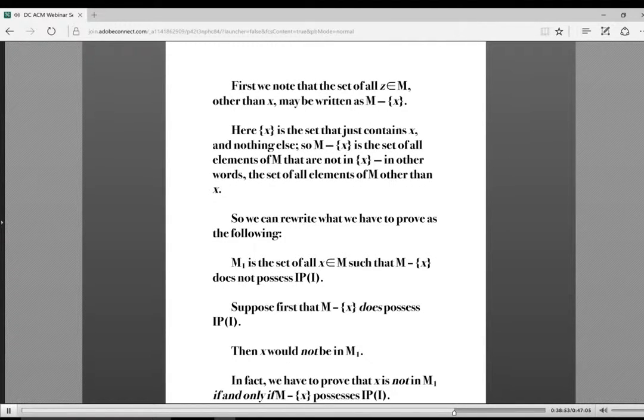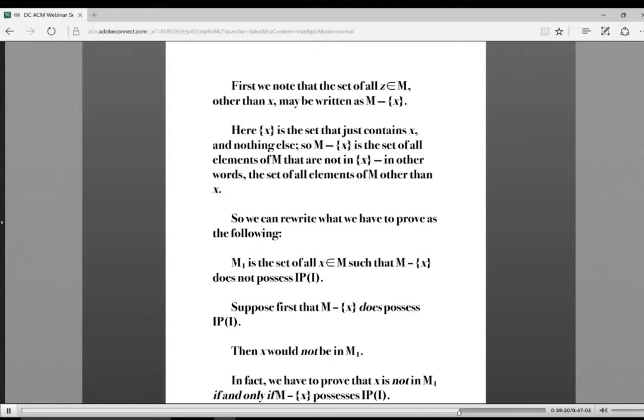First, we note that the set of all Z in M other than X may be written as M minus the set containing just X. M minus the set containing just X is the set of all elements of M that are not in that set, in other words, the set of all elements of M other than X. So we can rewrite what we have to prove as the following.